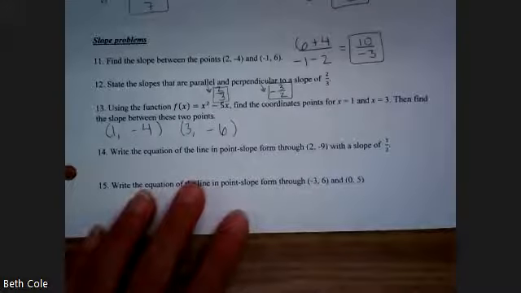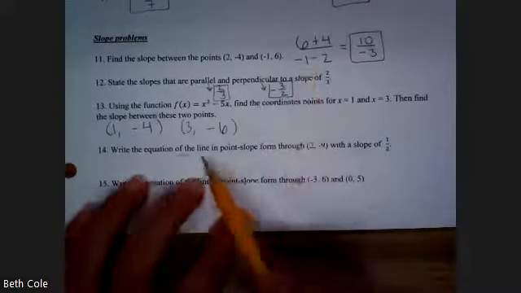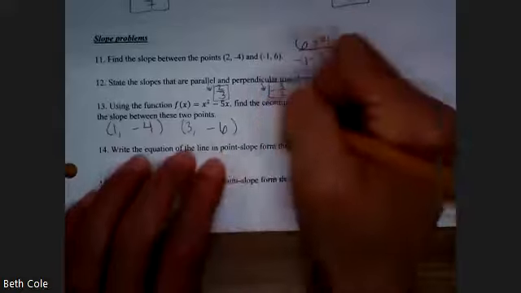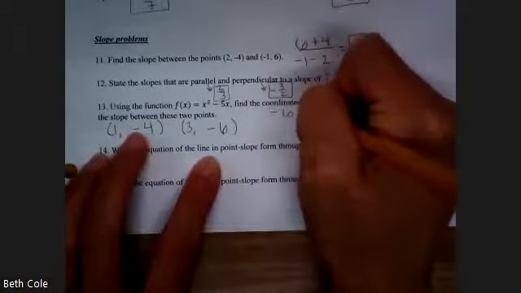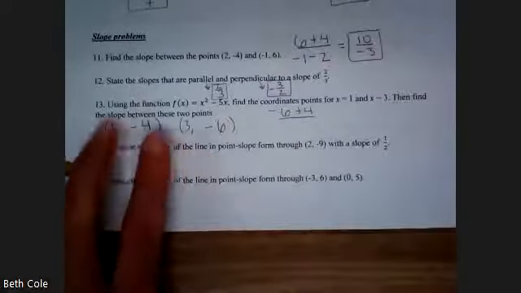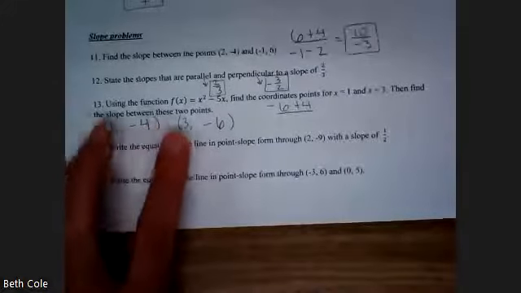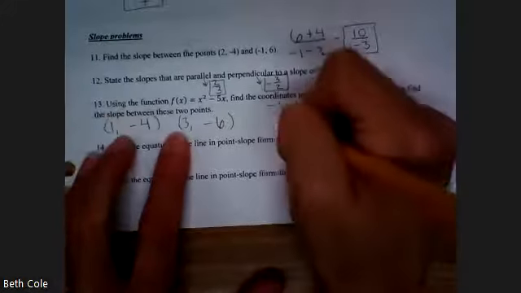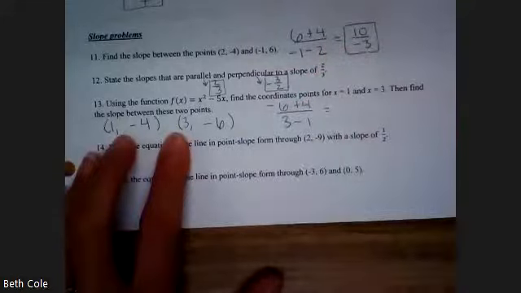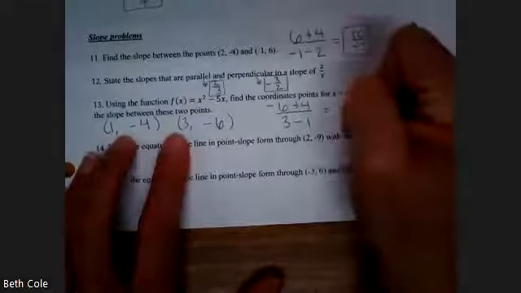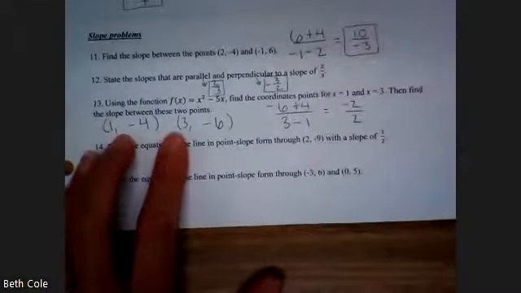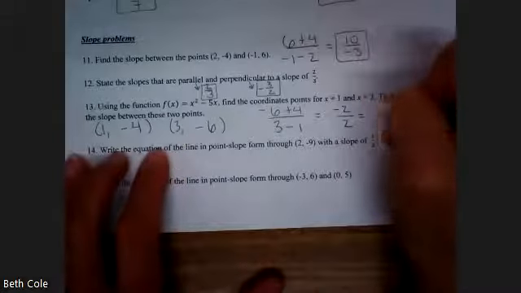And then you're going to do the exact same thing we did in number 11, is find the slope. So -6 plus 4. And then what will go in the denominator? 3 minus 1. Perfect. So let's see, that'll be -2/2, which will actually reduce further. That'll be what? -1.